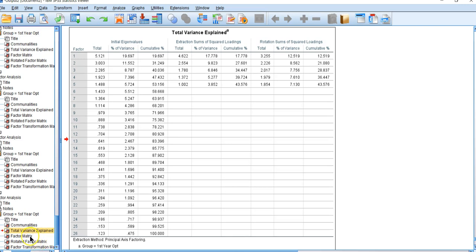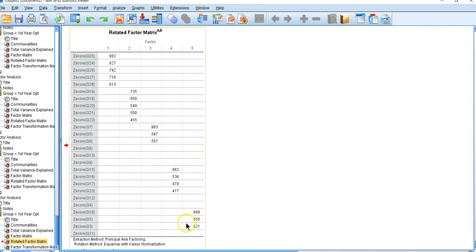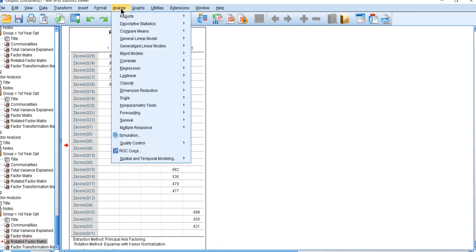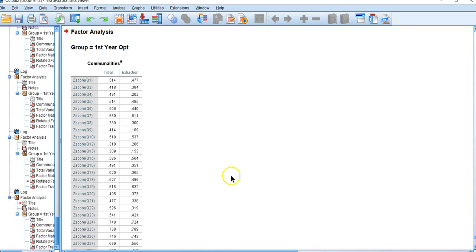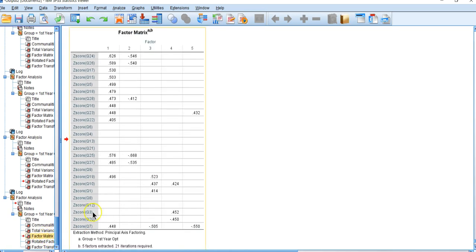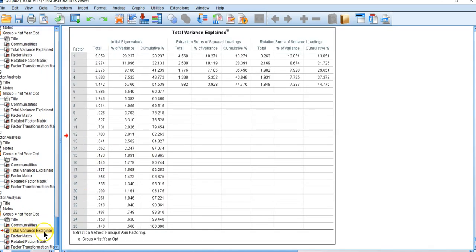Let's see what our rotated is. Let's get rid of question 11. And that might have taken us over the edge on our variance. Yep. So we want to go down to 4 factors.